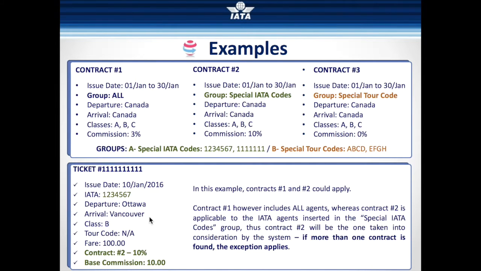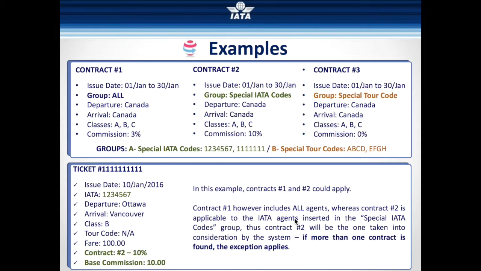It would be matched, again, on multiple parameters and filtered. So from the ticket data, we locate what commission we're working with and what commission to be applied. This one works for all agencies, so it would fit both in contract number 1 and contract number 2.